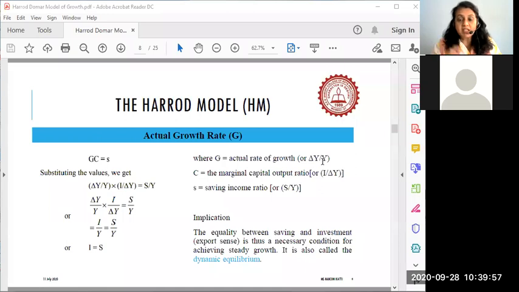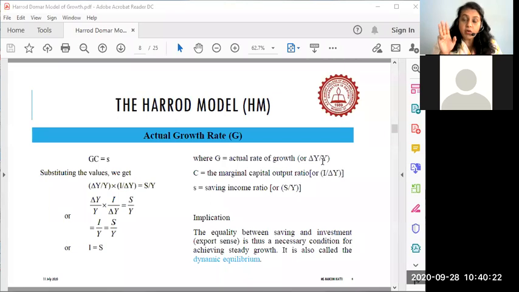Now what is I upon delta Y? Look, 6.8 and 7.2, the difference between these two is what will be saved, class. Do you all agree? 6.8 and 7.2 is the new income that is generated in the economy. Out of that new income there will be consumption, there will be savings, there will be consumption demand also.